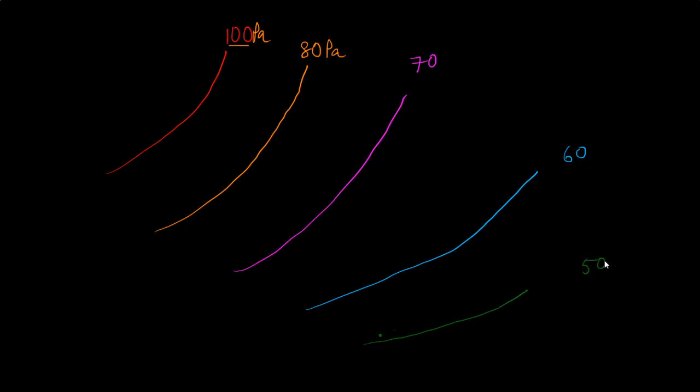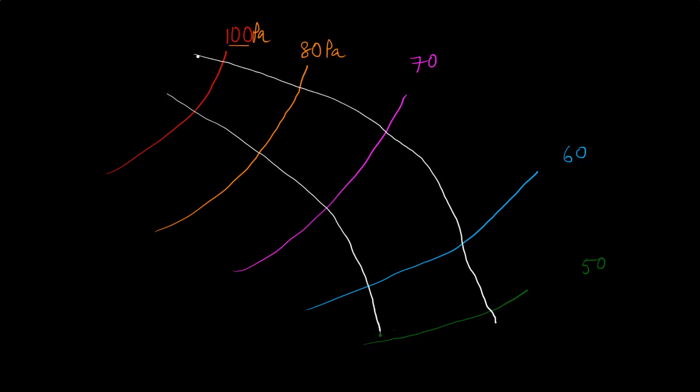Suppose this is 50. So the direction of the gradient will be orthogonal to the contours. It will be orthogonal to the isolines. So it will be something like this. I mean, it's not very accurate, but you get the idea. It will always be orthogonal to the isolines or the contours.